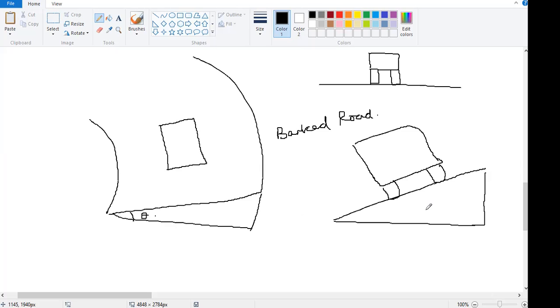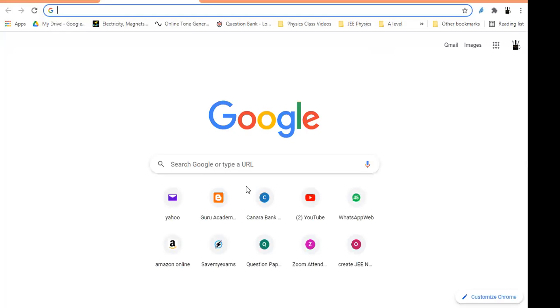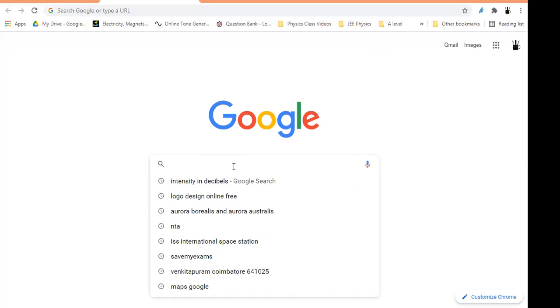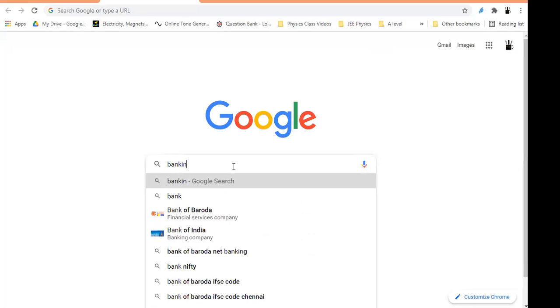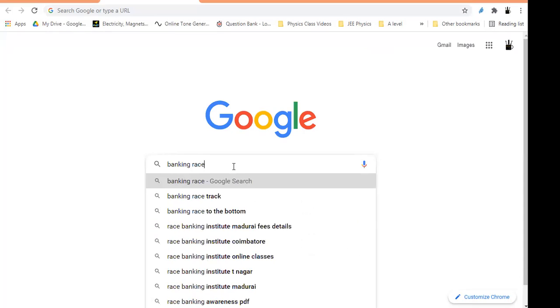Anything else? Or even a flyover, okay. When we go for track testing on a racetrack, if you're testing cars, there's basically a huge turn with a bank angle. When they take the cars for testing over there, it will be shown.